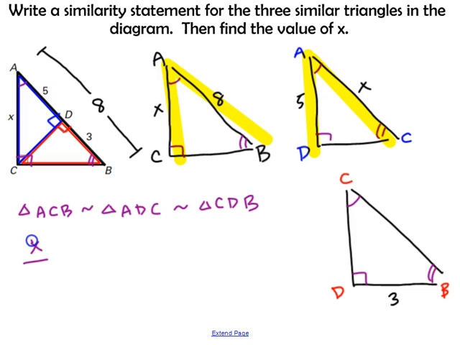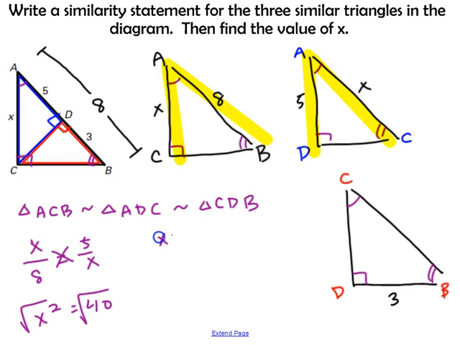We can put x over 8 is equal to 5 over x, and then we want to cross multiply and solve this proportion for x. So when we cross multiply, we get x squared is equal to 40, and then we want to take the square root of both sides.